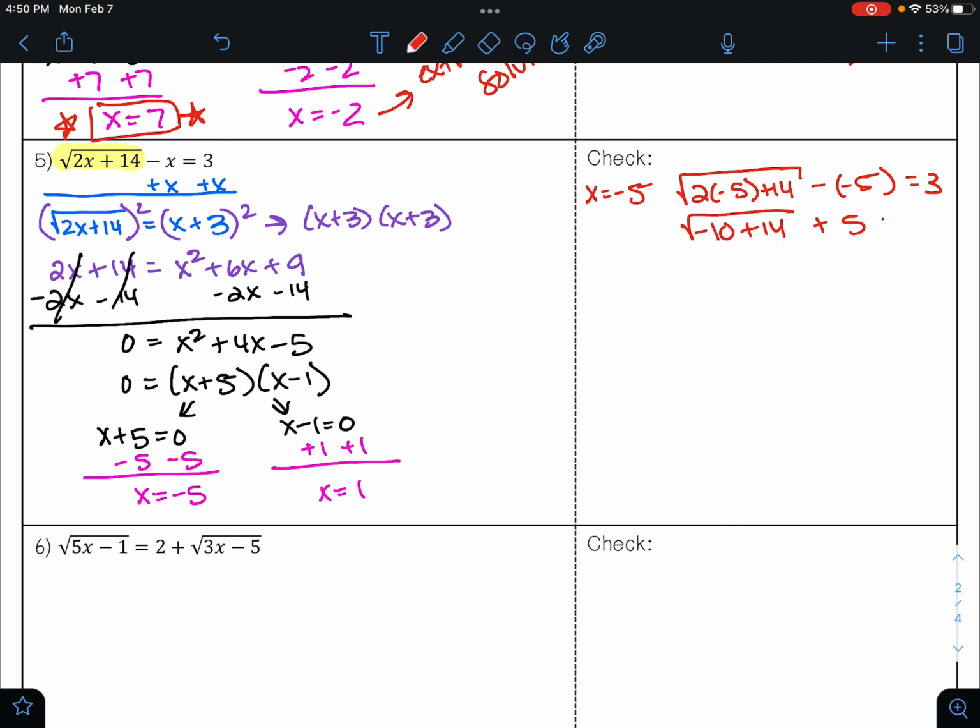A negative times a negative is a positive. Negative 10 plus 14 is 4. The principal square root of 4 is 2. 2 plus 5 is 7. 7 does not equal 3. So negative 5 is an extraneous solution.